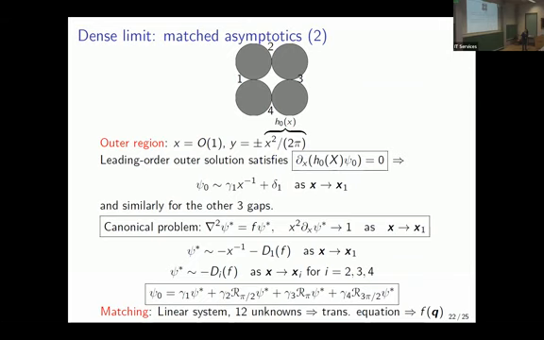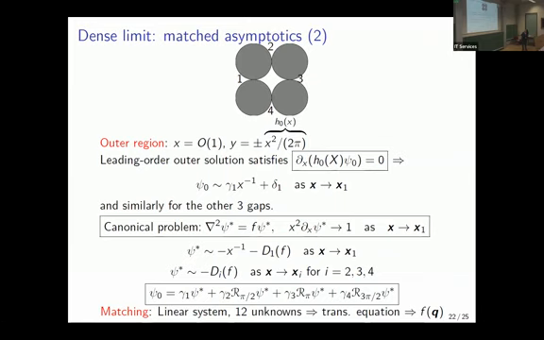And you find that the outer solution has a limiting form as you approach these singular cusps that is inversely proportional to X, the distance from the edge of the cusp. And similarly for the other three cusps, right? The psi0 has this inverse in x power here, and then you have to rotate the solution to get the limiting form in the other three gaps.